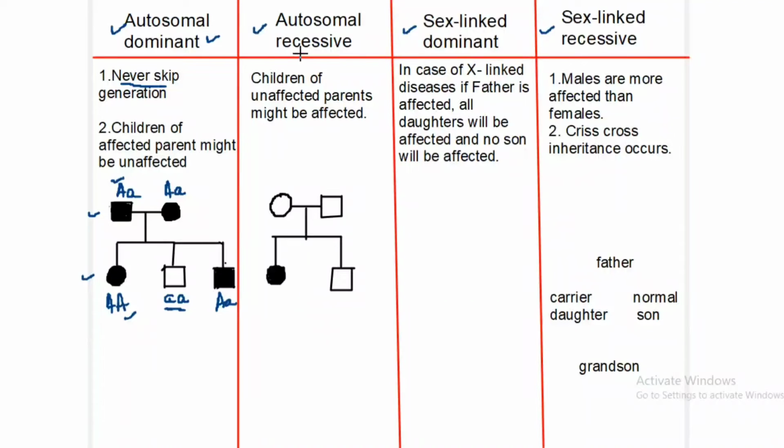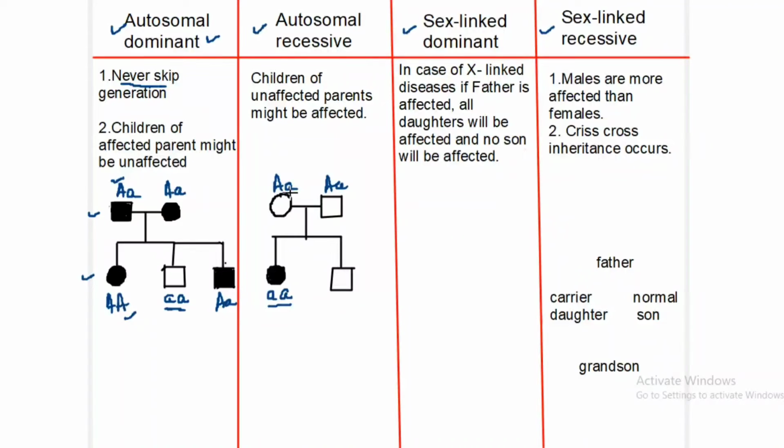Second is the autosomal recessive. Here, children of unaffected parents might be affected. If it is autosomal recessive, then both alleles have to be recessive for the phenotype to be shown in an individual. So if the parents contain one dominant allele, the disease will not be shown because it is autosomal recessive.